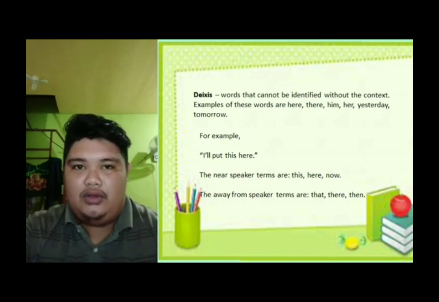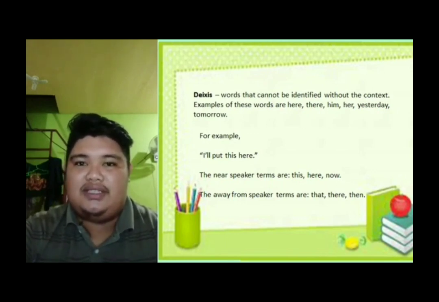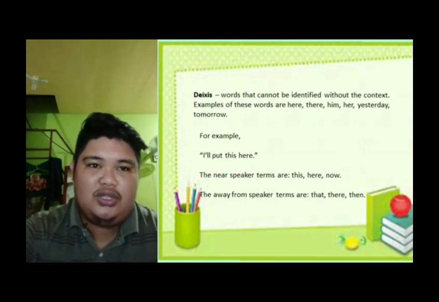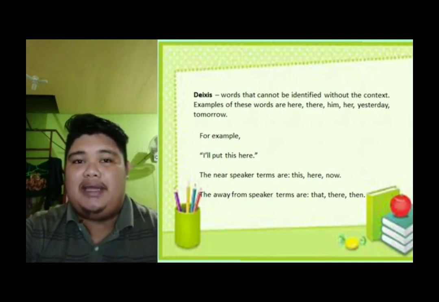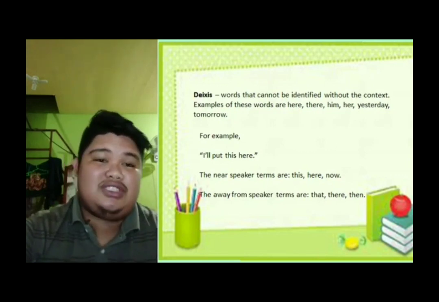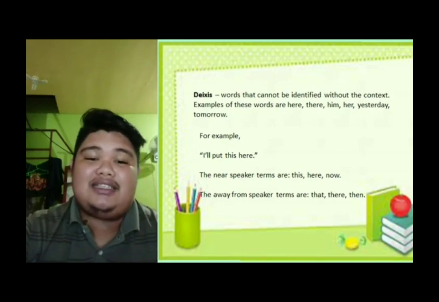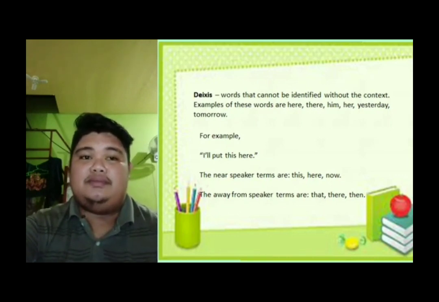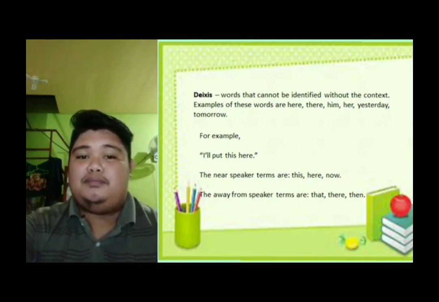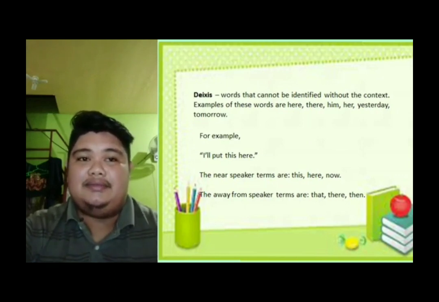They have their most basic uses in face-to-face spoken interaction where utterances are easily understood by the people who are present, but many need a translation for someone not right there. For example, I'll put this here.